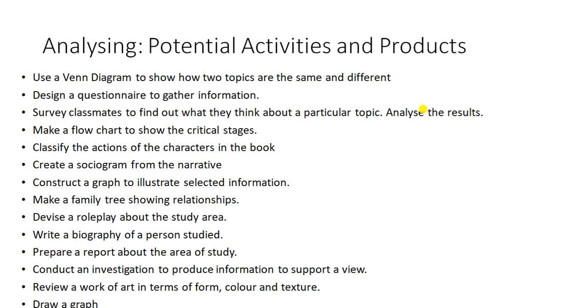Design a questionnaire to gather information. Survey classmates to find out what they think about a particular topic. Analyze the results. Make a flowchart to show the critical stages. Classify the actions of the characters in the book.